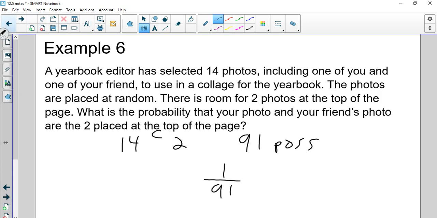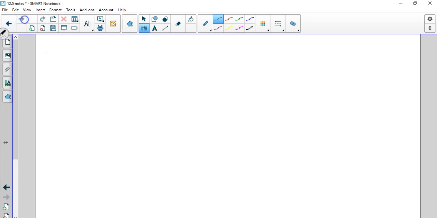Okay, now I want to come back to the idea we had before with POP. So with POP, we wrote out and saw how to do the possibilities. But I want to show how to do it with the calculator. So first off, if we just did this, it's going to be 3 times 2 times 1, 6.